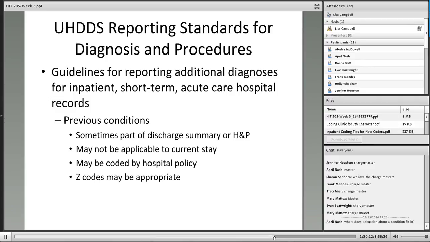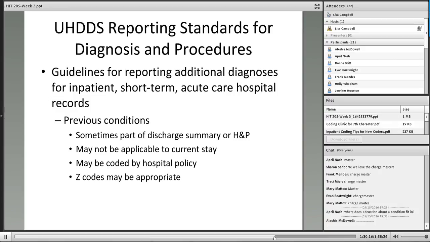Now, previous conditions may not be applicable to the hospital stay. If they are not applicable to the hospital stay, they are not coded unless the doctor, I'm not the doctor, the hospital policy says that we need to code them.